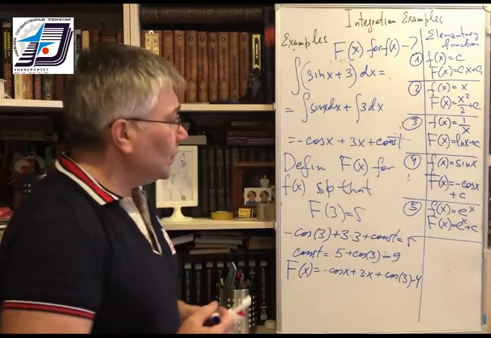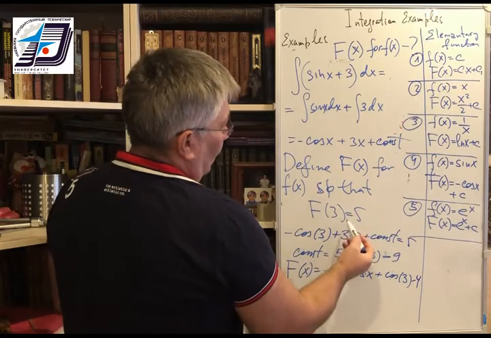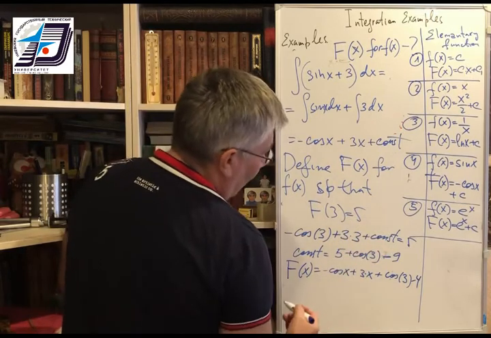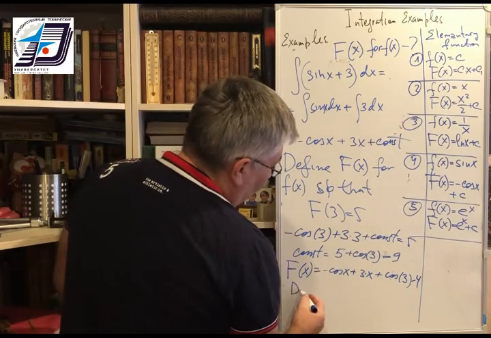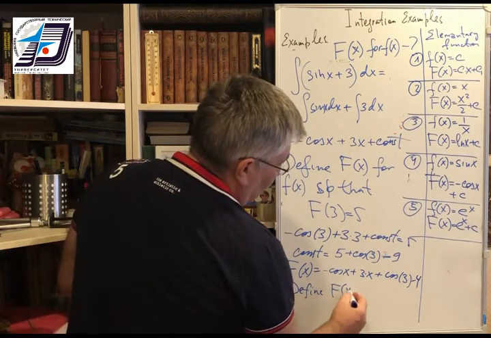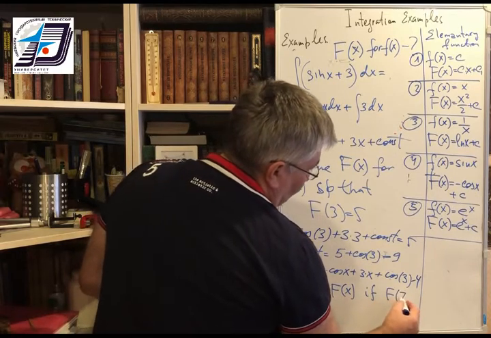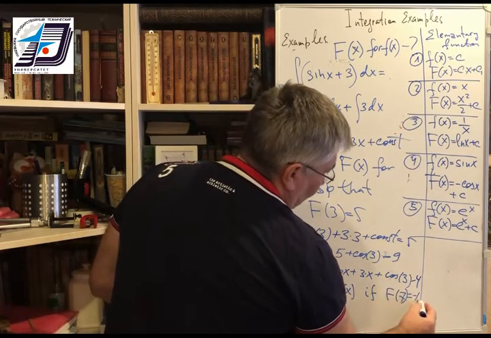But what changes if you have here, instead of f of 3 equals 5, another condition? Define f of x if f of 7 equals minus 10.